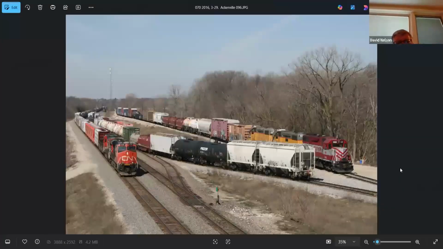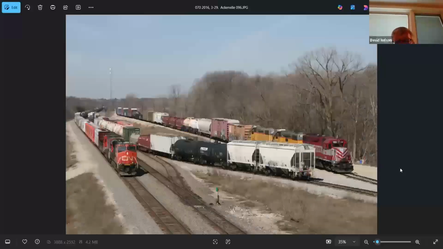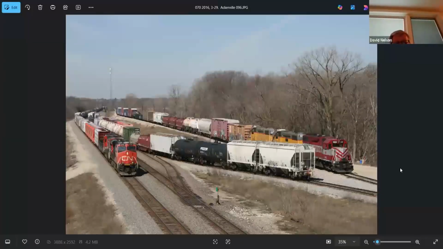So they're bringing those cars into the interchange, and the train that's on the main is going to continue on for West Milwaukee.